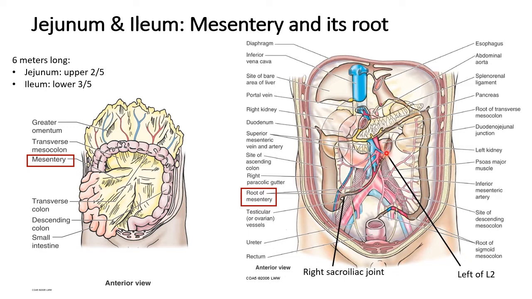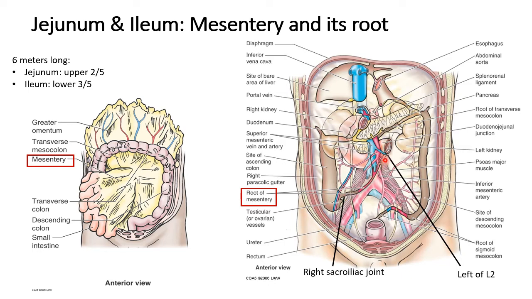It starts from this point, which is at the duodenojejunal junction, the junction of the duodenum and the jejunum, and then it continues obliquely towards the right side and ends at the junction between the ileum and the cecum. So it's an oblique line which starts at the left side of lumbar vertebra number 2 and ends adjacent to the right sacroiliac joint.